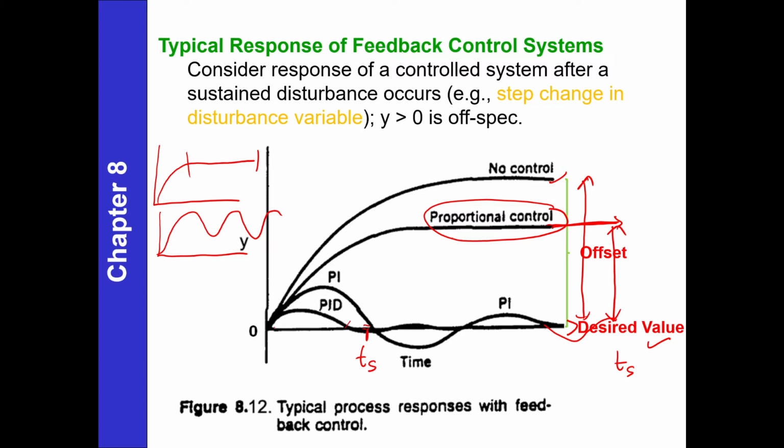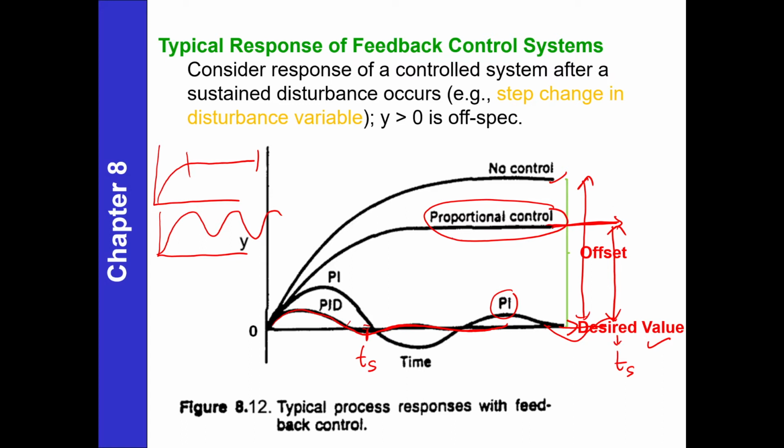From here to here is already settled, meaning there is the settling time. This position, when the response starts to achieve steady state, is the settling time for this response. As compared to PI, the settling time might be somewhere here.